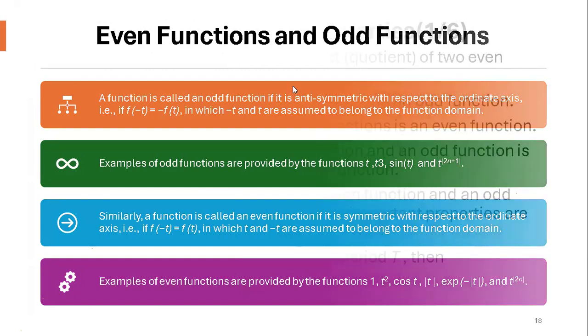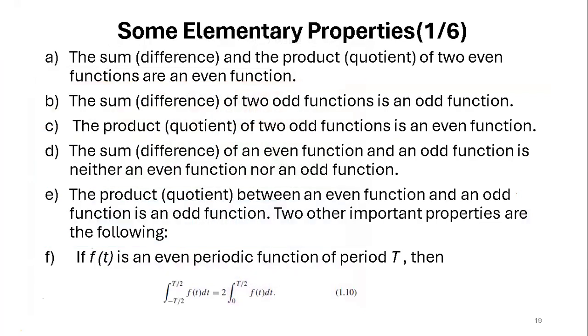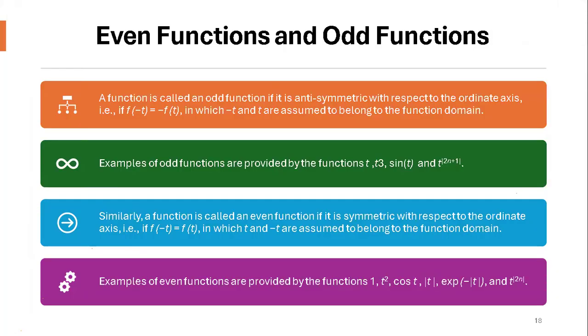Now even functions and odd functions come. A function is called an odd function if it is antisymmetric with respect to the ordinate axis, that is, if f of minus t equals minus f of t, where t and minus t belong to the function domain.